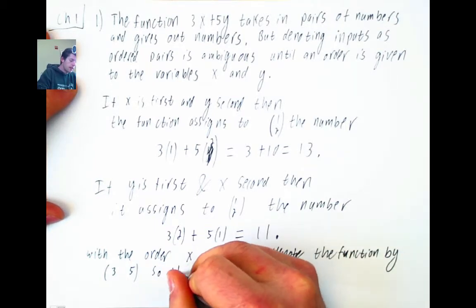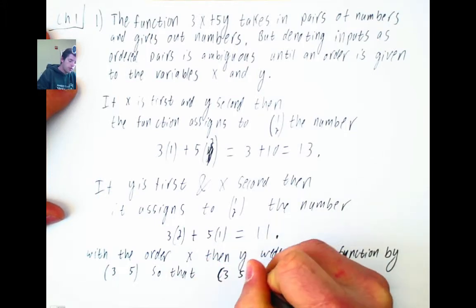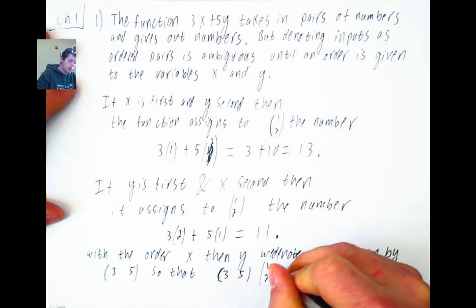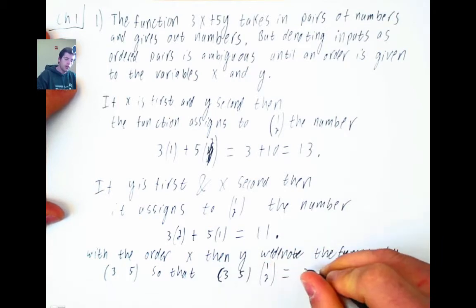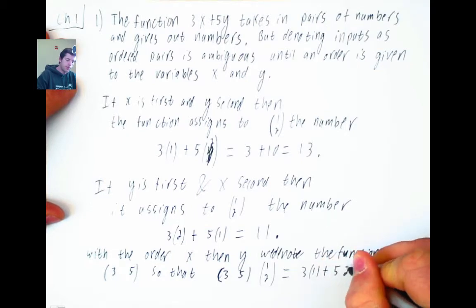So that 3, 5, in parentheses, the function takes in 1, 2, and gives out 3 times 1 plus 5 times 2.